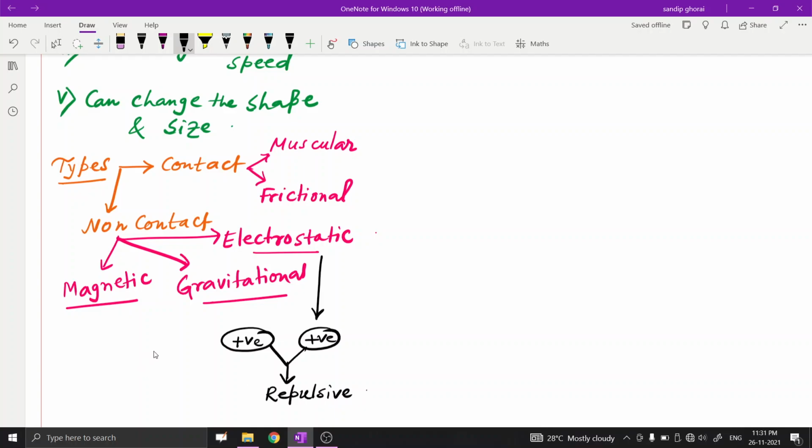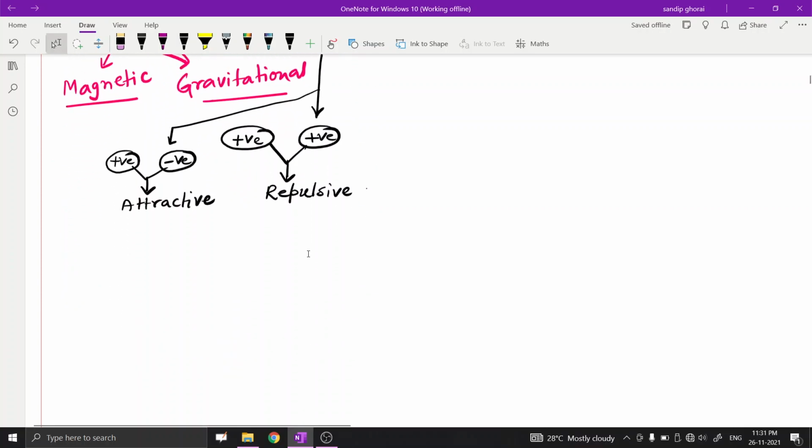And if we take one positive and one negative charge, then there is an attractive force. And for gravitational force we always get an attractive force. For gravitational force, the force is always attractive in nature.